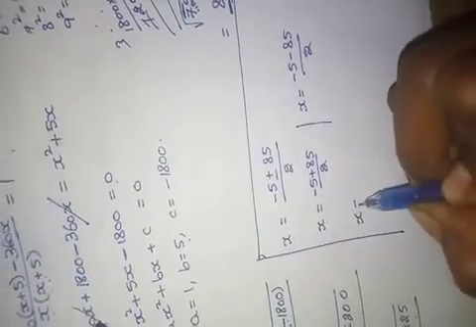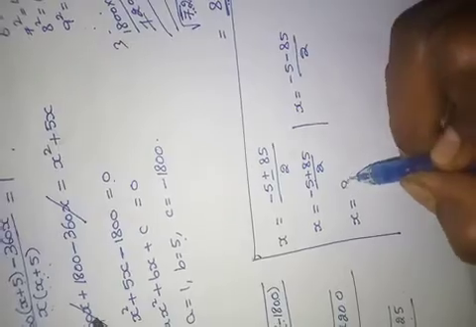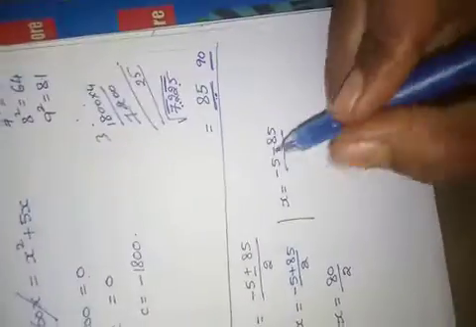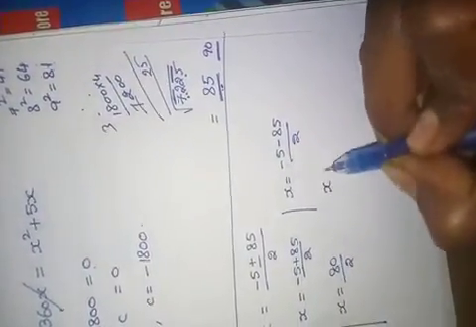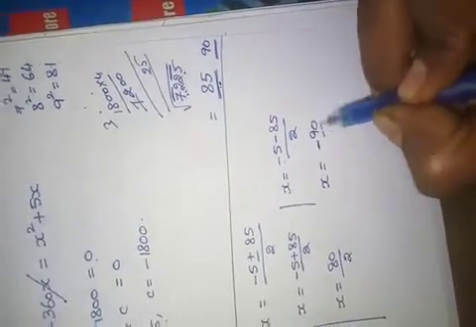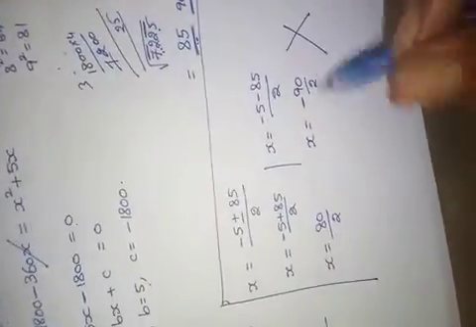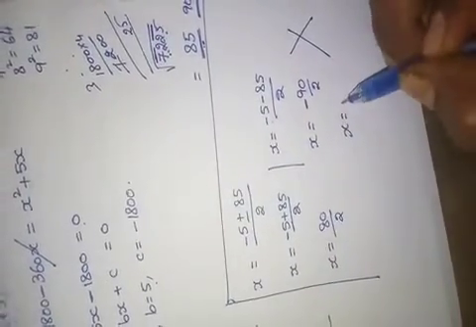See here, x equals 85 minus 5, how much? 80, by 2. Here both the numbers are minus: minus 90 by 2. Here I am getting the negative value, so neglect this.